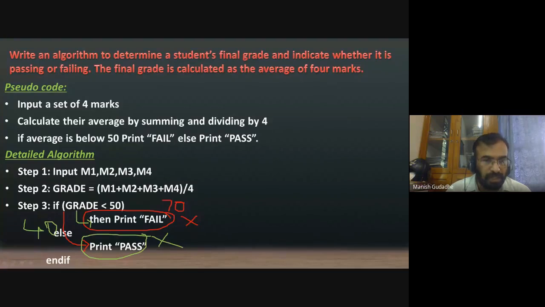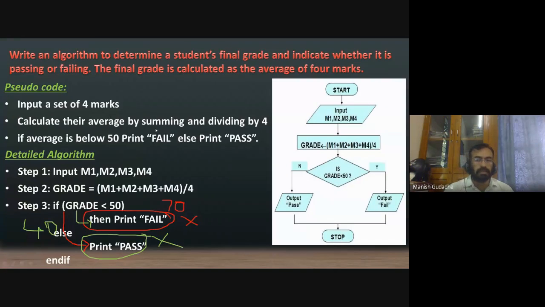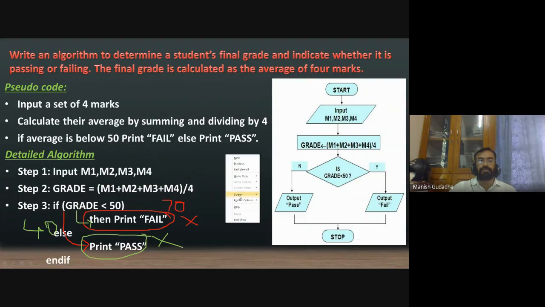So there is a need to maintain the flow of this algorithm. Then what are we going to do? This image is called a flowchart. This is giving you the control of your program.